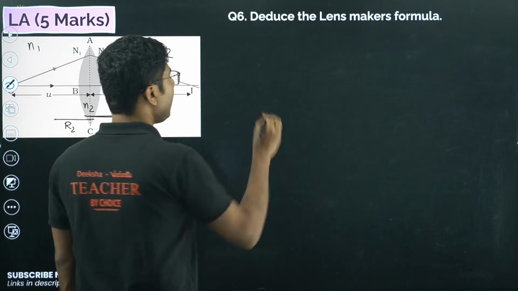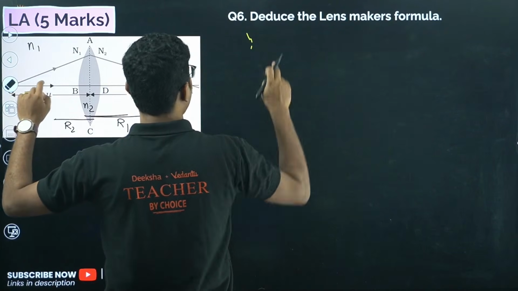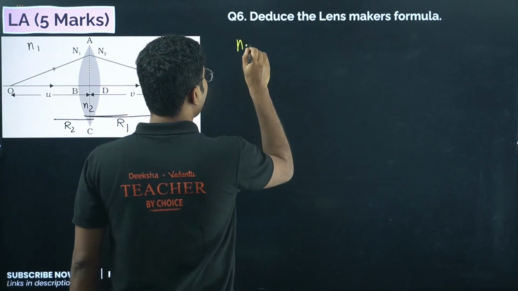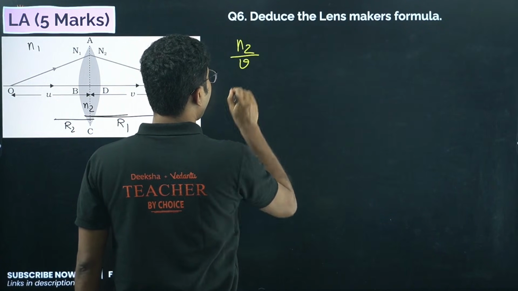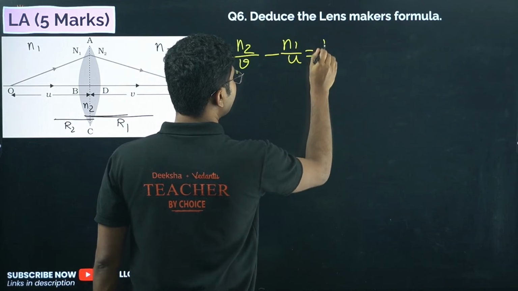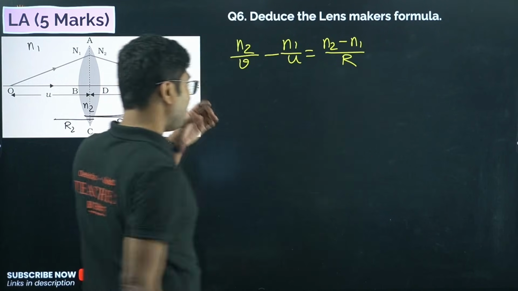First, what is the formula that we will be using? We will be using N2 by V minus N1 by U equals to N2 minus N1 upon R. This is the formula that we will be using.